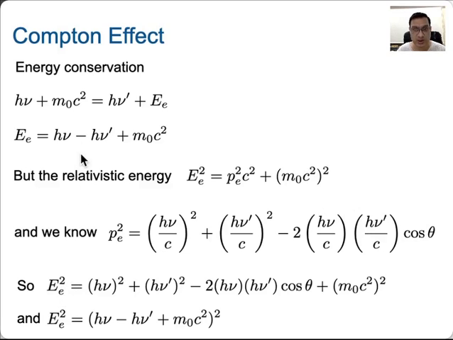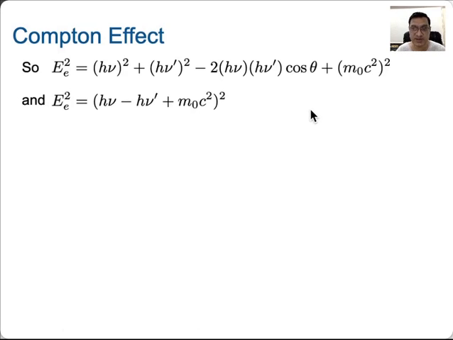Now this is the total energy square. So I can also make a total energy square here: (hν − hν′ + m0c²)². So now in the left hand side I have E², and on the right hand side I have two different quantities, so I can equate. So let's equate these two quantities. When you expand this square, you are going to get six terms.